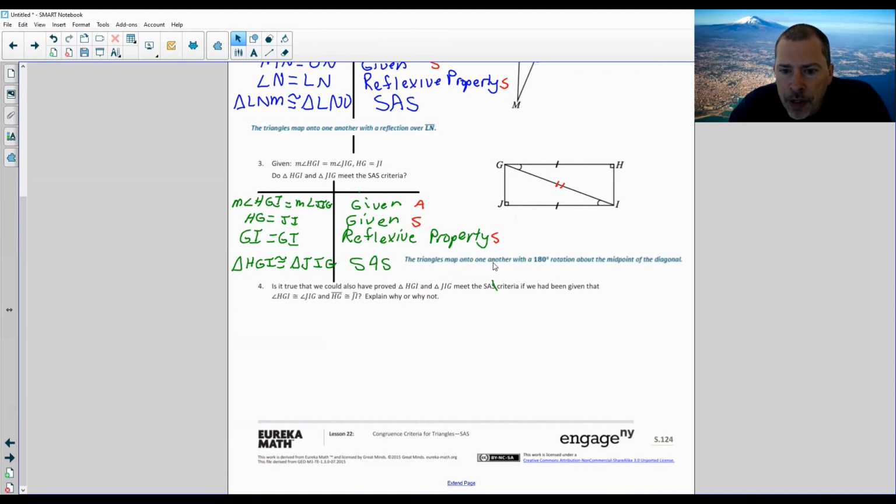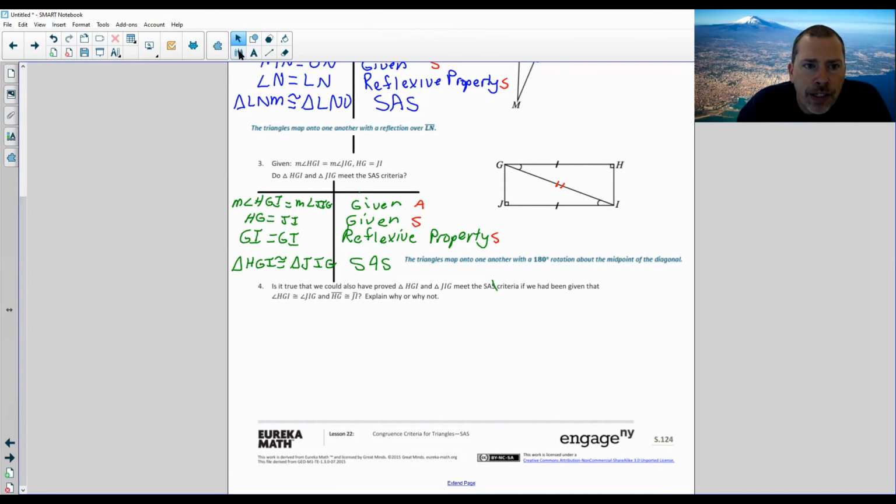The triangle maps onto one another with a 180-degree rotation about the midpoint of diagonal GI. So we'd find the midpoint, rotate this triangle, and it would land right on top of the other. 180-degree rotation. So it could go clockwise or counterclockwise and end up at the same place.